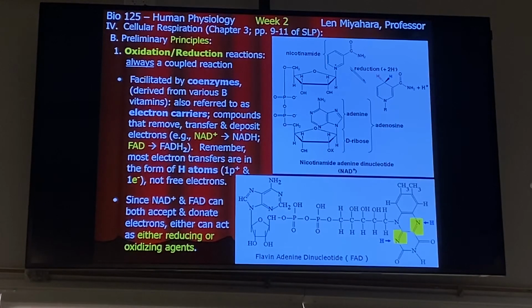These are also RNA nucleotides, but they're double nucleotides. And each can take a pair of hydrogens, a pair of electrons. This is where NAD picks it up, right here, there's two of them. This is where FAD picks it up, 1, 2.